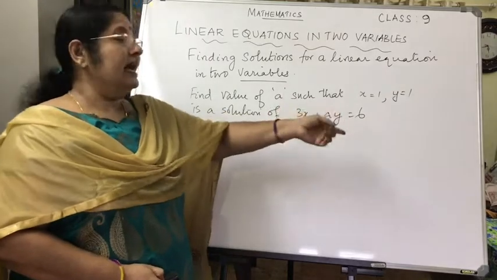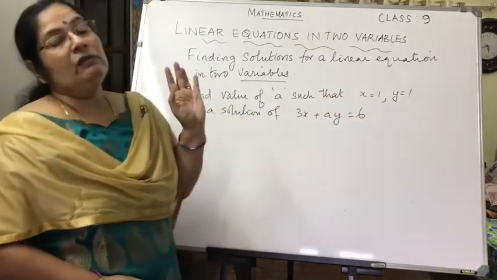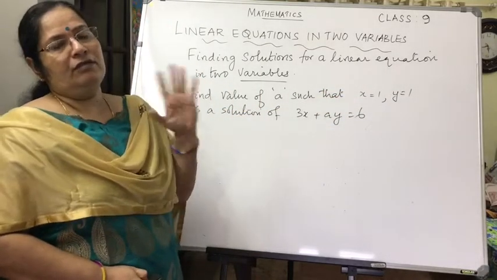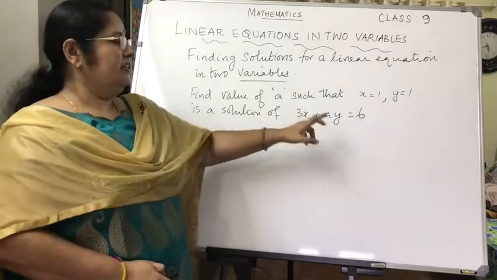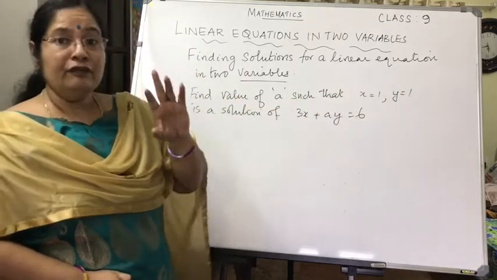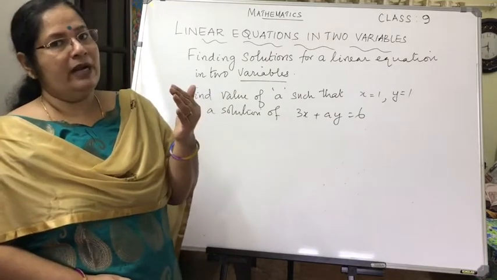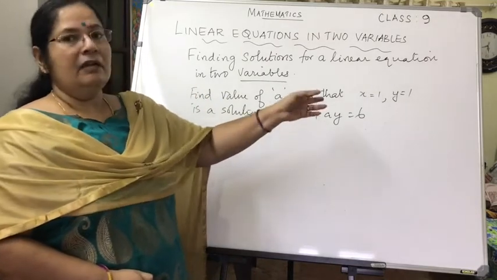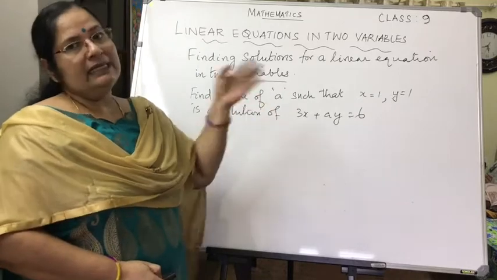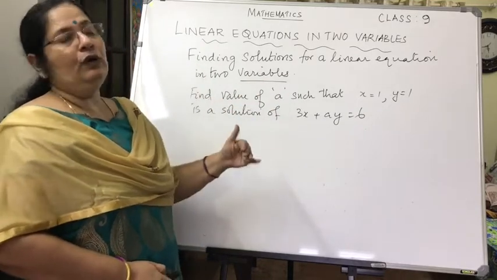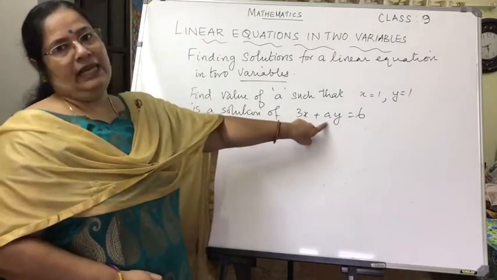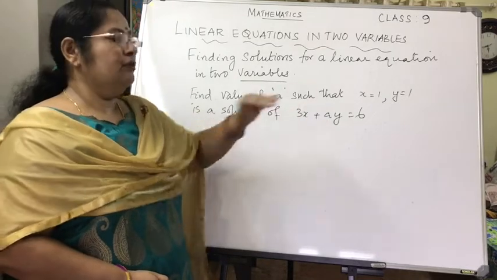It is given that x equals 1 and y equals 1 is a solution of this. Two things are given for us: this is the equation and this is one of the solutions. When x value is 1 and y value is 1 and you substitute over here, both sides become equal. That means it is a solution. If so, what is the value of this a? That is the question.